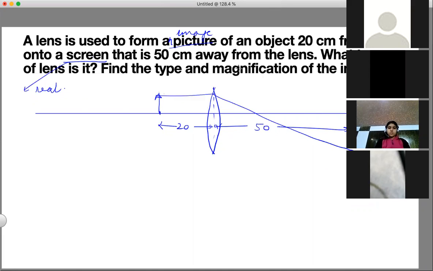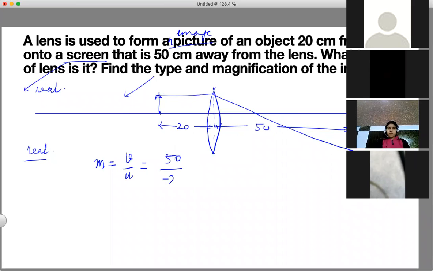Now what it is asking is find the type. टाइप क्या है? ऑलरेडी पता चल गया है हमें, रियल है. इमेज बन रही है स्क्रीन पे, रियल है, तो ठीक है, रियल. अब मैग्निफिकेशन ऑफ द इमेज. मैग्निफिकेशन क्या होता है? v by u, right? What is v? Is 50. What is u? Minus 20. Minus 20.